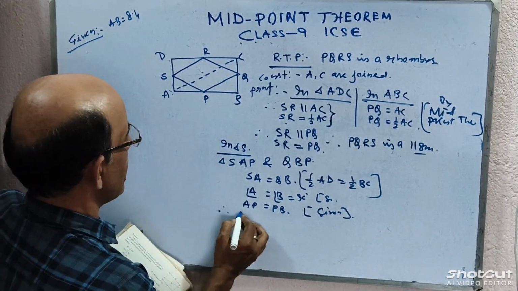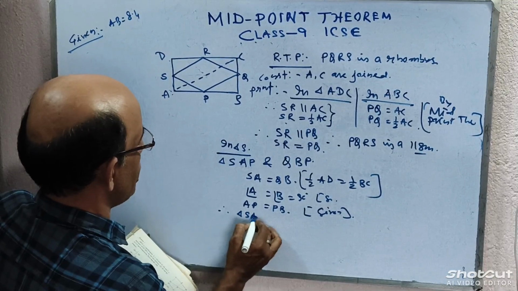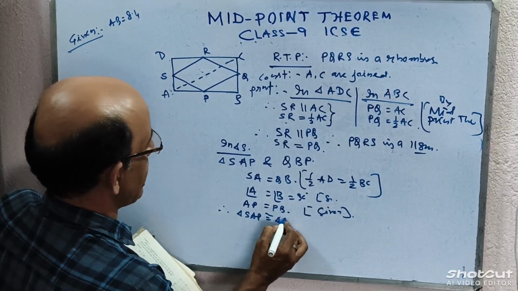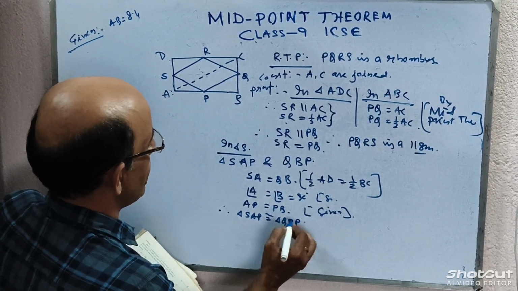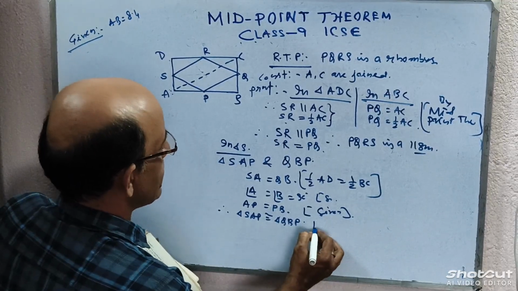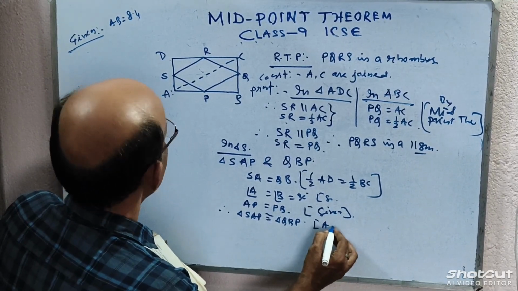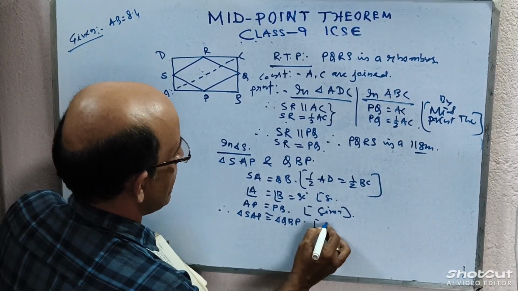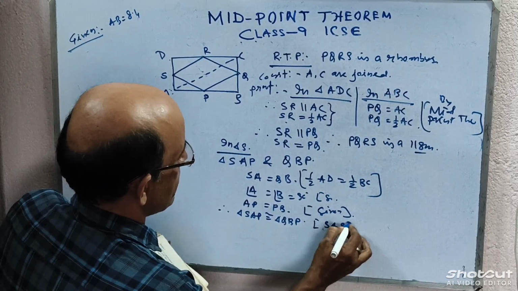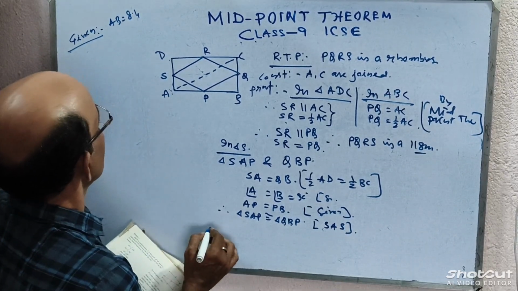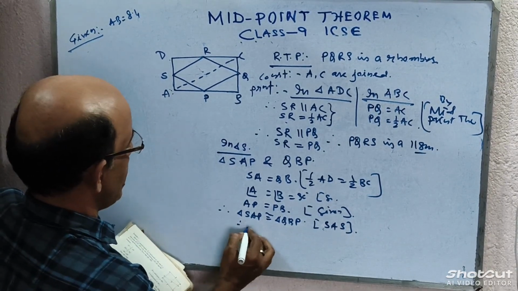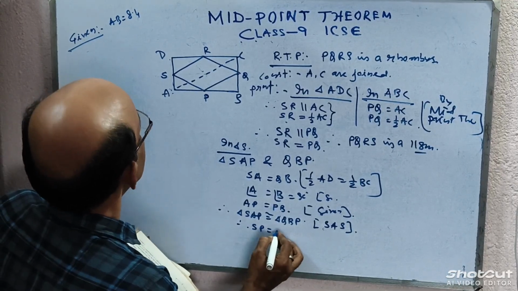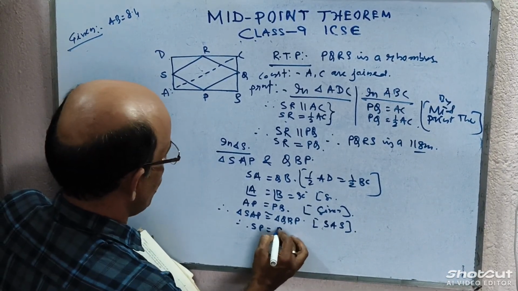Therefore, triangle SAP congruent to triangle QBP by SAS. Therefore, SP is equal to PQ.